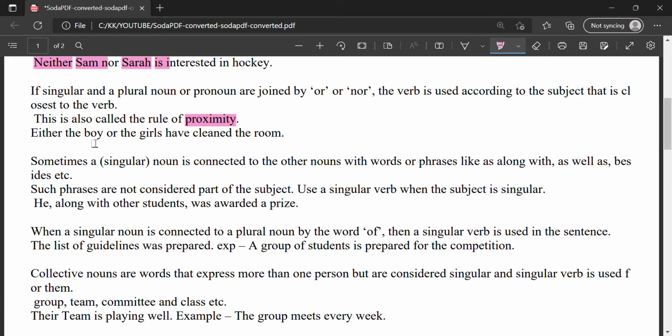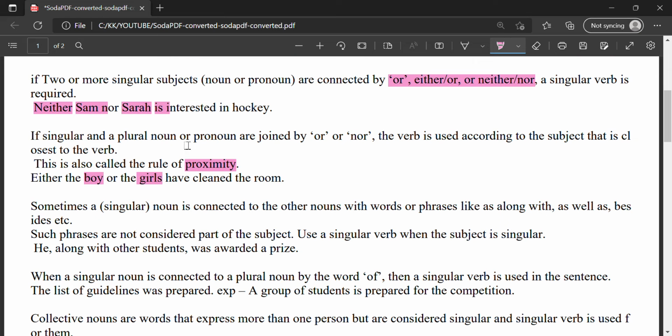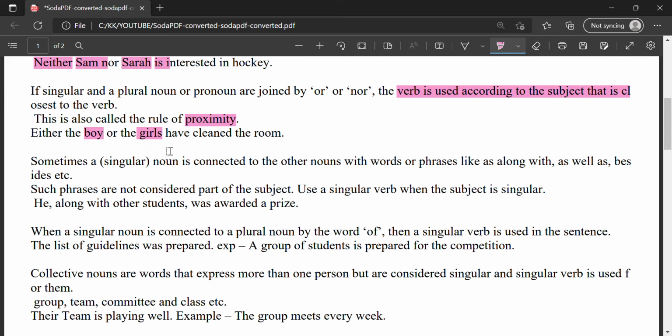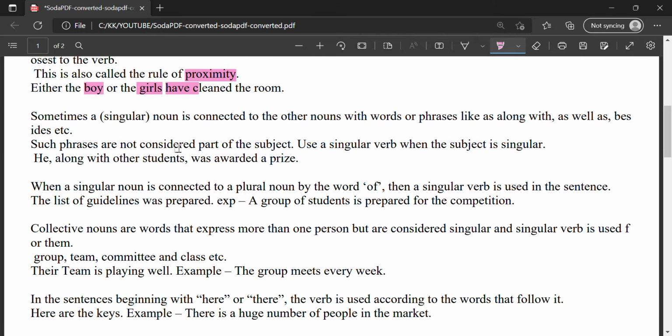But here we have either the boy or the girls, and girls is plural. So we are supposed to use the verb according to the subject that is closest to the verb. Which is closest? It is girls. So we are using have, because girls is plural and have is also plural. This is called the rule of proximity.